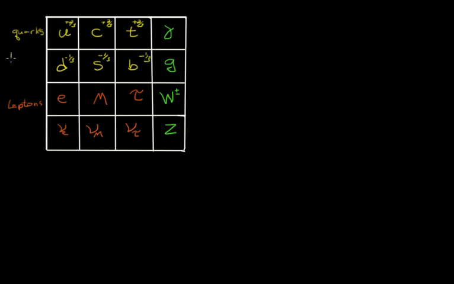And again, let me draw the box here so that we remember what we're looking at. This is the charge. Strangeness will be here, and baryon number will be in this corner here.